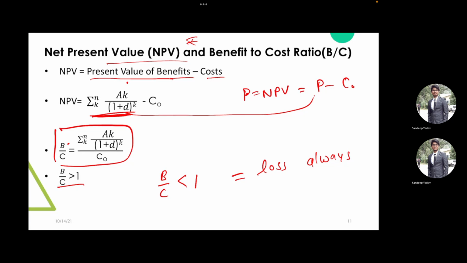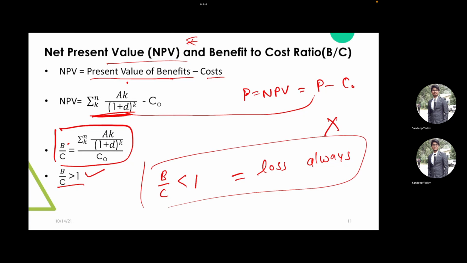So that is the basic criterion for consideration. Benefit to cost ratio should always be more than 1.